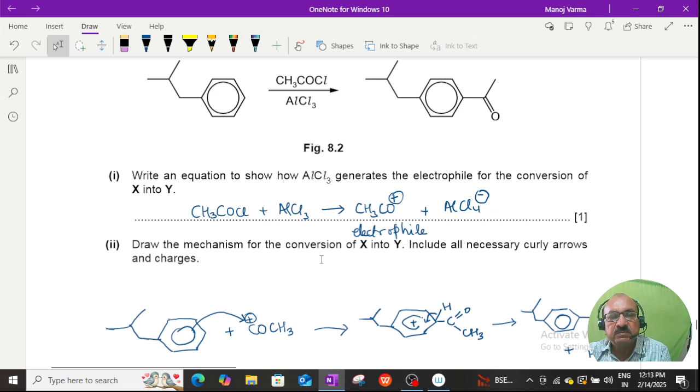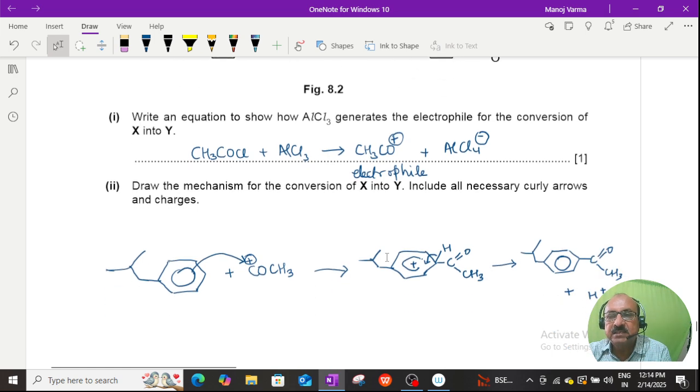Draw the mechanism for the conversion of X into Y. Include all the necessary curly arrows and charges. Okay, so this is your electrophile which has been generated in the first step, and this being electron rich, one electron pair from the benzene ring will be used to form a bond with the CH3CO group having a positive charge.